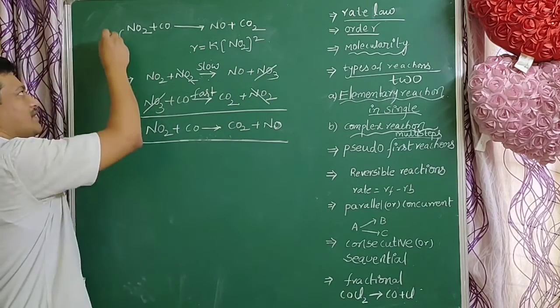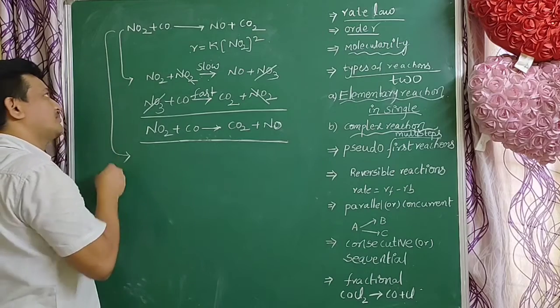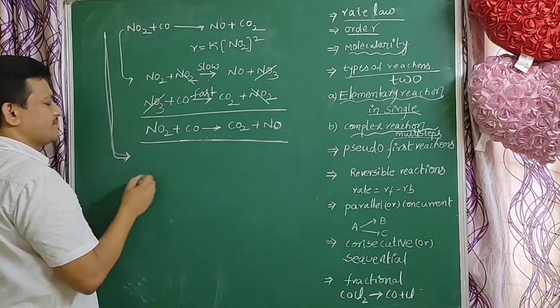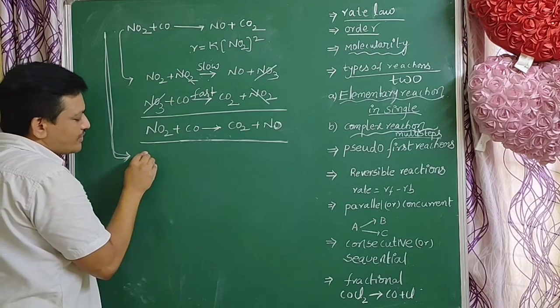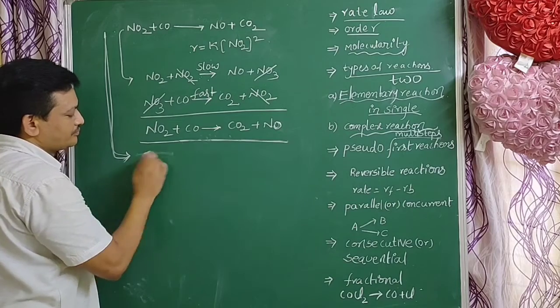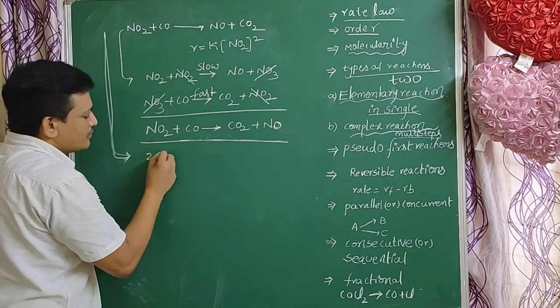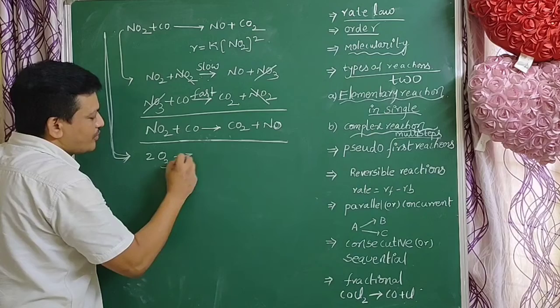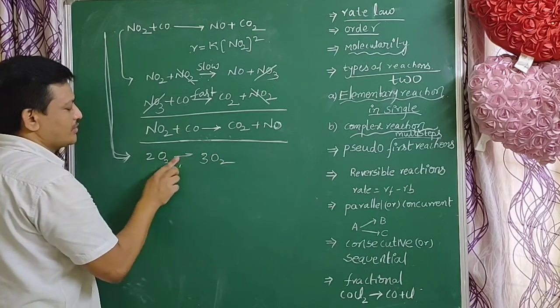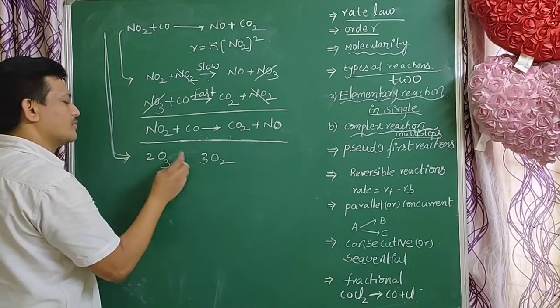Okay students, I will explain one more example based on complex reactions: the decomposition of O3. O3 decomposes to form O2.